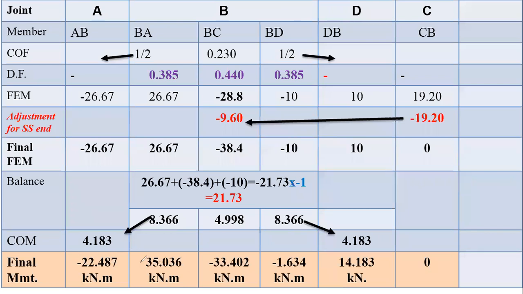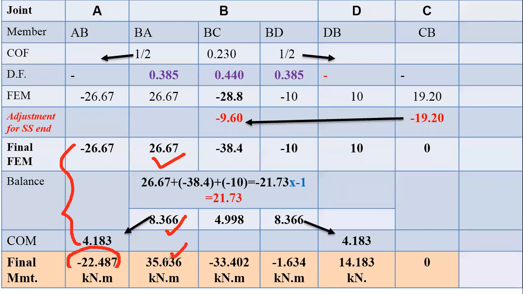Now make the summation for the movement. For the final movement, we have to consider the final fixed end movement. So minus 26.67 plus 4.183, the movement will be minus 22.487. Then for the BA member, 26.67 plus 8.366, that will be 35.036.